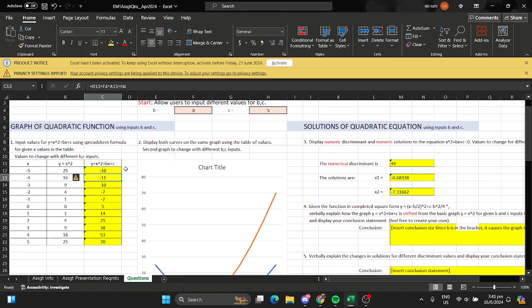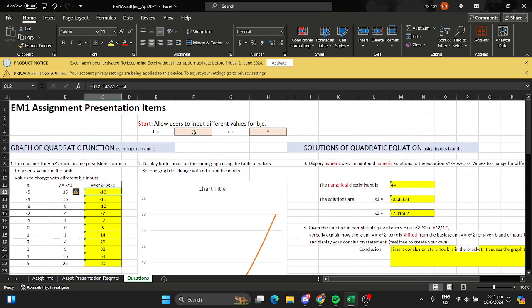Okay, for the first question, I'm supposed to solve the equation y equals x to the power of 2 plus bx plus c. So for this, I just key in the formula, which is this, but I use the second column as my first number, plus b, which is over here, times x, which is over here, and then plus c, which is over here.